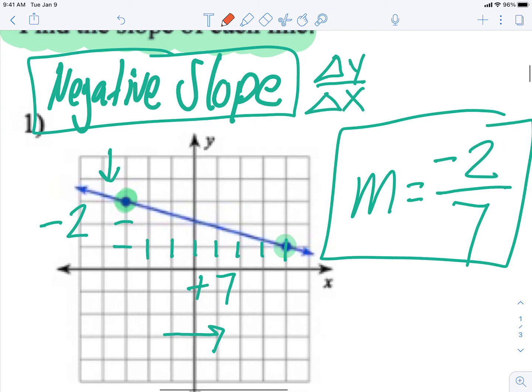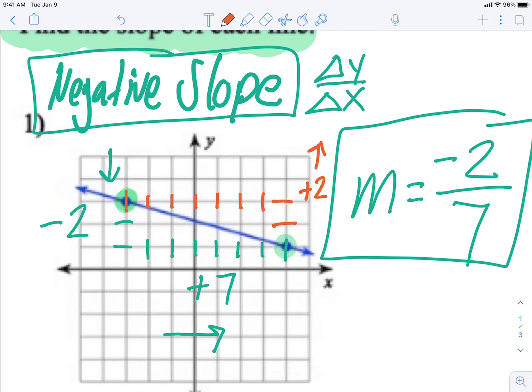So I'm going to go up 1, 2. When I go up 2 means +2. So I went up 2. And now, to get from here to here, I'm going to go left 1, 2, 3, 4, 5, 6, 7.